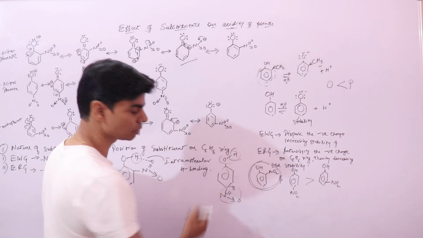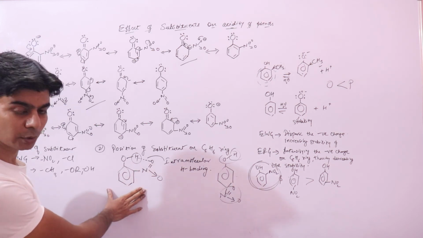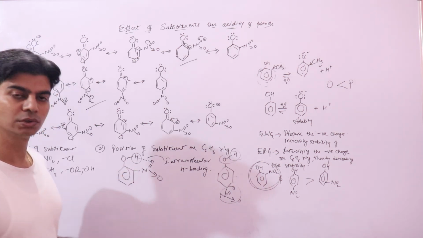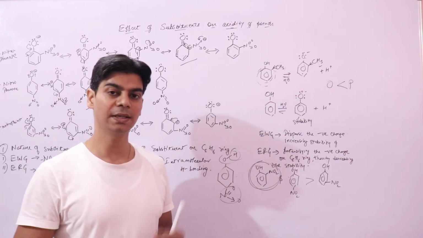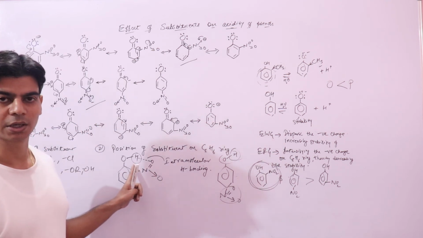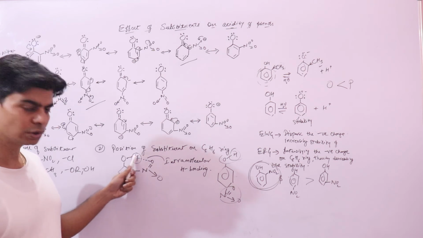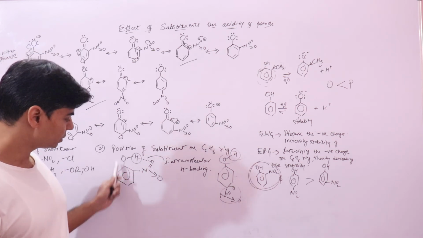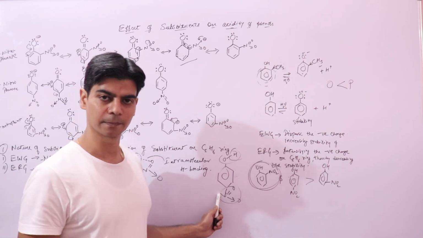Due to intramolecular hydrogen bonding, release of hydrogen ion is difficult, which means it is less acidic, because acidity is due to the release of this hydrogen ion. So this is less acidic compared to the para isomer.